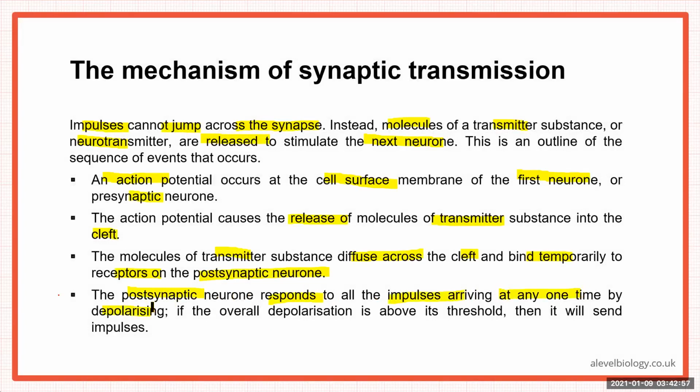This attachment of neurotransmitter to the receptor will lead to depolarization as sodium channels open. And if the overall depolarization is above the threshold, only then will it send a nerve impulse. So these are the events that happen in synaptic transmission.